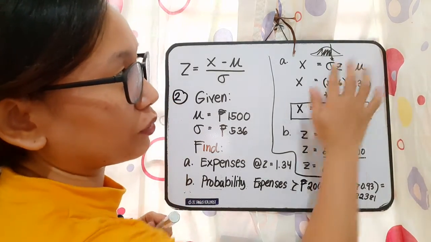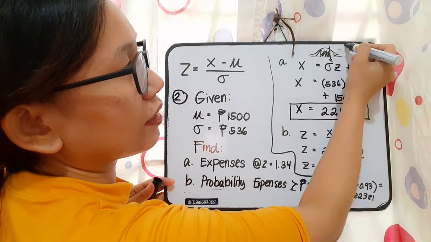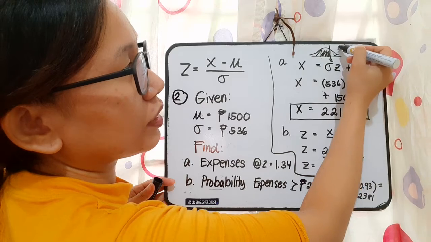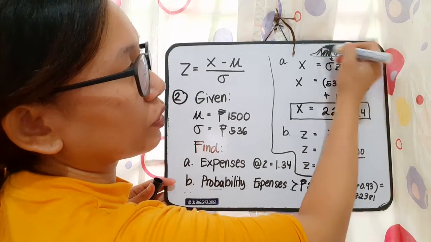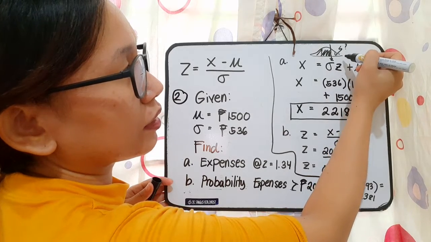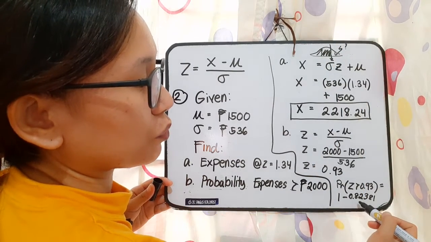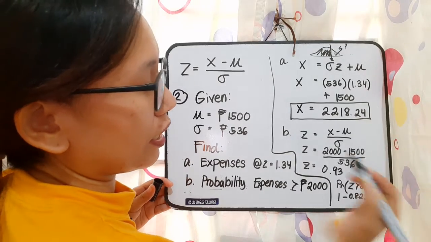2,000. So this is what we are looking for, this area. So we need to deduct from the whole area, the probability area of 1, minus this area. So that's 1 minus 0.82381.